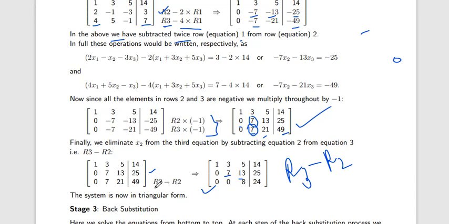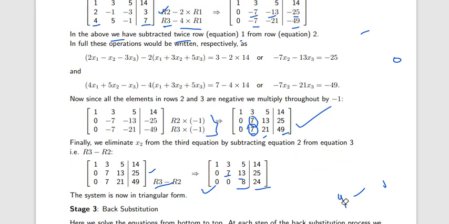We only apply the operation in the third row, R3 minus R2. So 7 minus 7 is 0, 13 minus 21 is 8, 25 minus 49 is 24. Oh, sorry, R3 minus R2 means 49 minus 25, and we get 24.